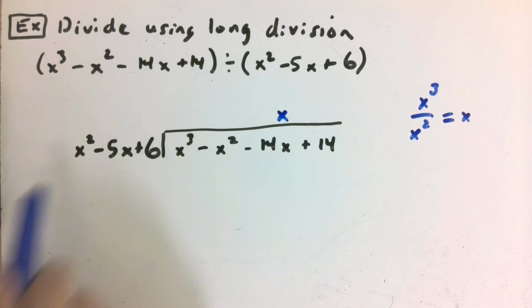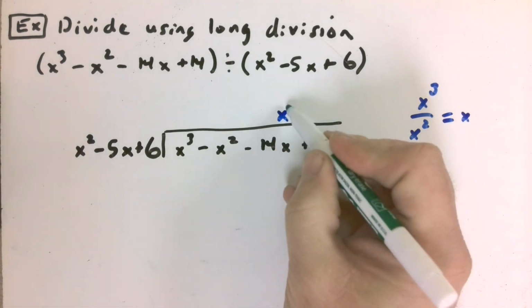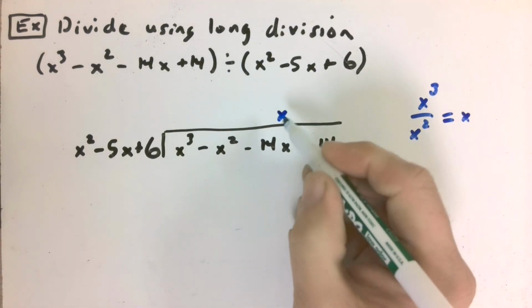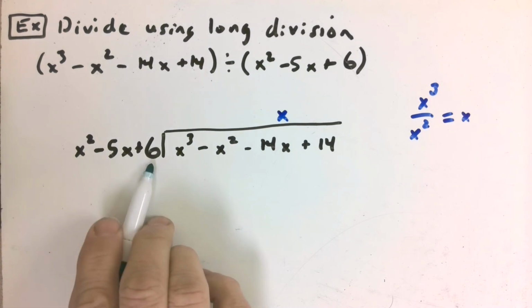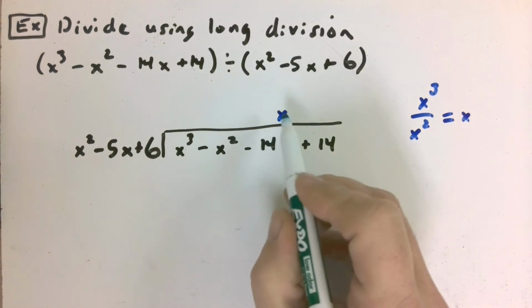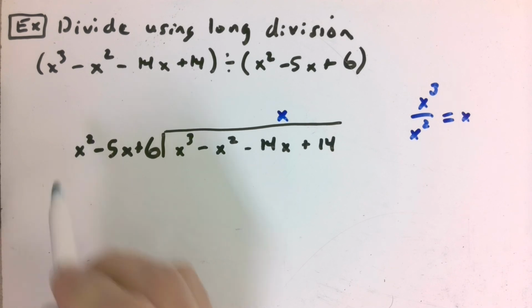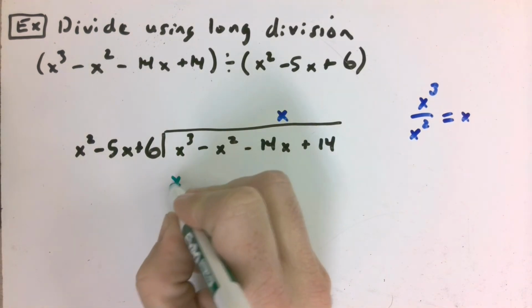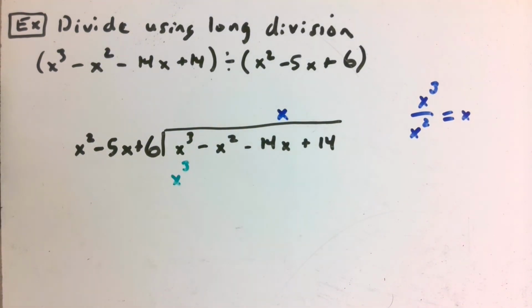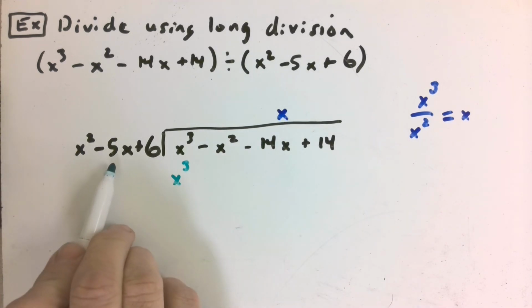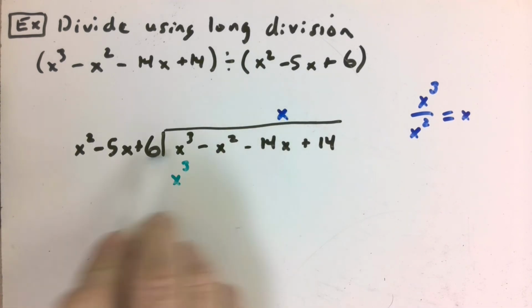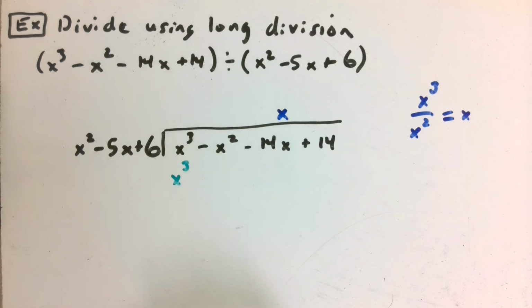Do lead term divided by lead term, put that up at the top. From there, take whatever it is you just wrote up here in the top and multiply that by all of the terms in front using the distributive property. X times x squared is x cubed, and I'm going to put that in the x cubed column. Now x times a negative 5x, our second term here, would be a negative 5x squared.